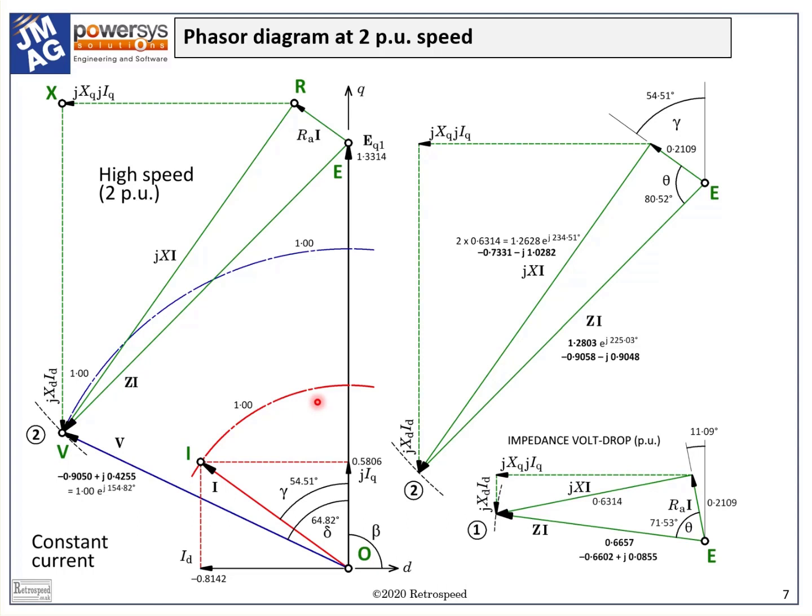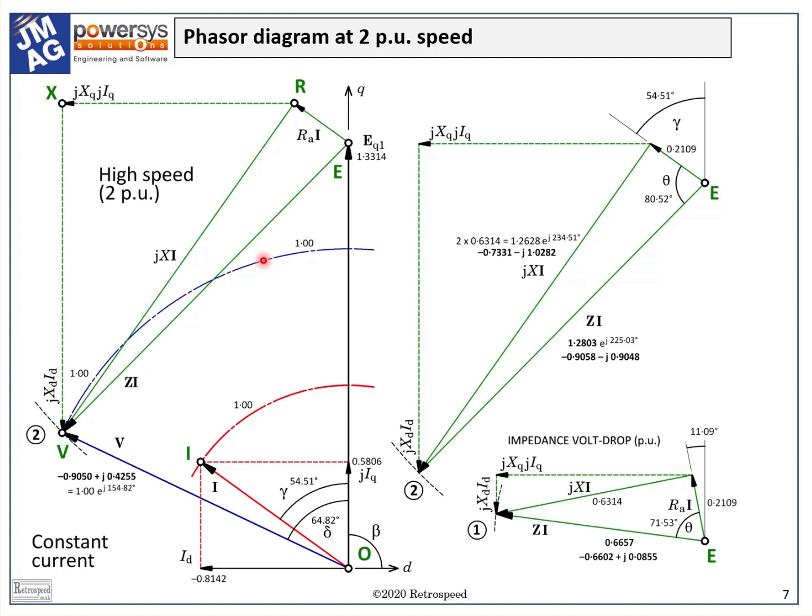When the speed doubles, the EMF doubles and the reactances double. So the EMF OE goes from 0.6657 to 1.3314 per unit, bigger than the available voltage from the inverter.